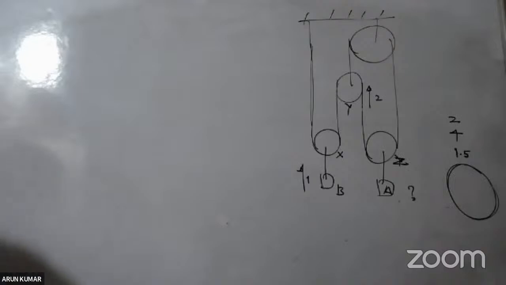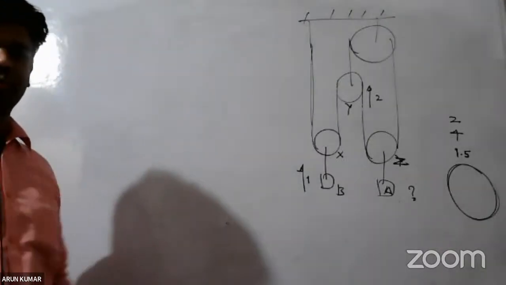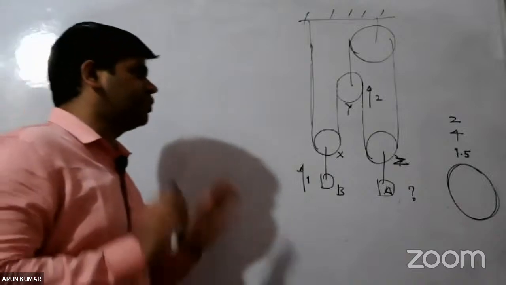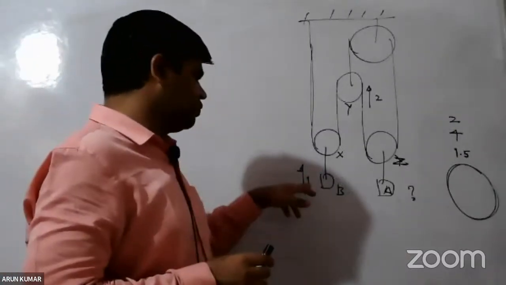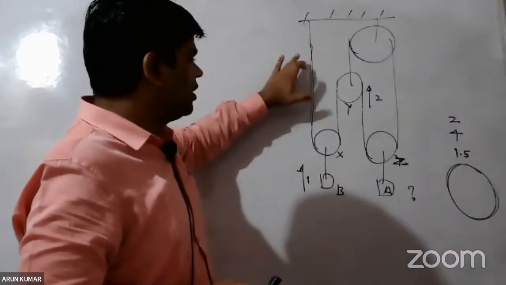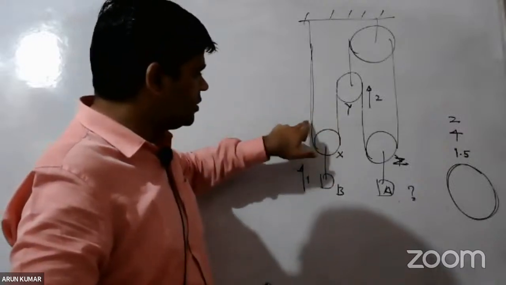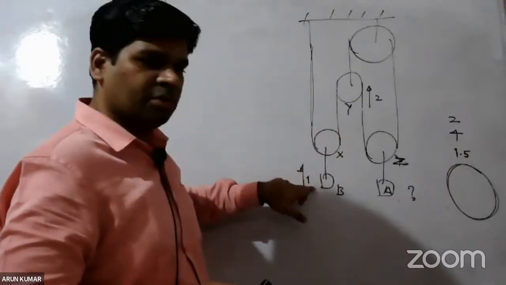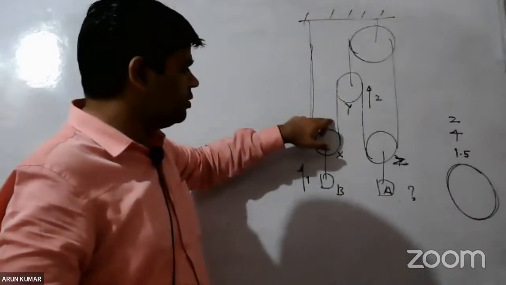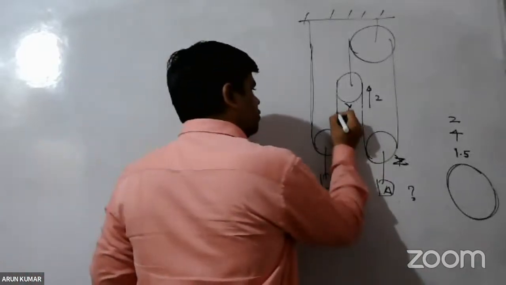Let me tell you the solution, students. You've tried enough. All right, look at the solution, let's do it orally. If this is moving with velocity 1, this is 0 velocity. This length has 0 velocity, so any point on this has 0 velocity. The velocity at this point would be something plus 0 by 2 is equal to 1. So what is the something? 2, sir. 2 upwards, right?